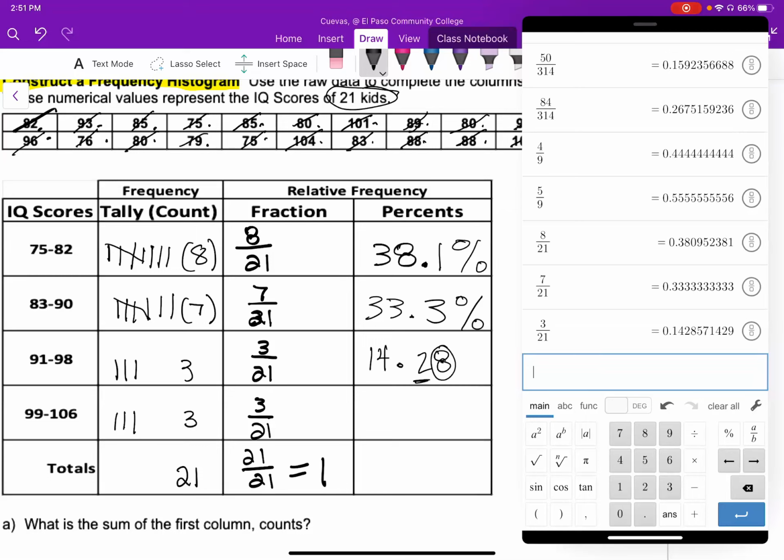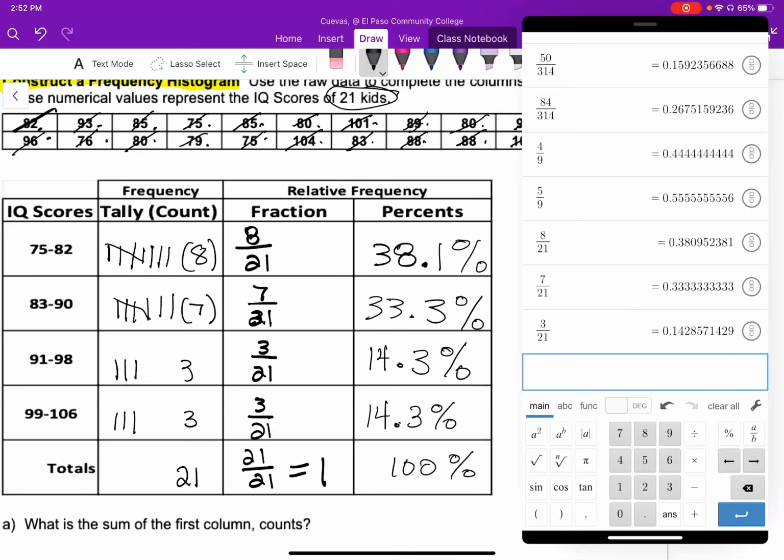I'm doing 1 decimal place, so this 8 is 5 or more, so this will be 3. The next one is the same. And the last one should be 100%.